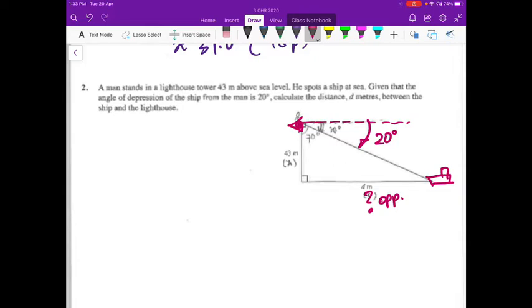Okay, so if it is us, we stand here, so if I am standing here, I look down at the taxi over there. So from the horizontal, I will be looking at the far right. If I lower my eye, I look at the taxi which has just moved away. There is an angle of depression.